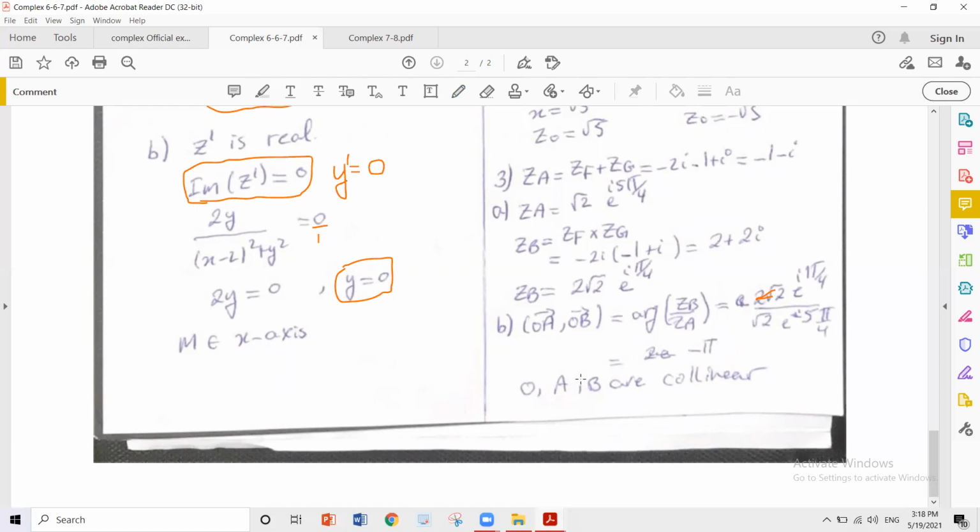Then O, A and B are collinear, since the angle is minus pi or pi. This is all about this exercise.